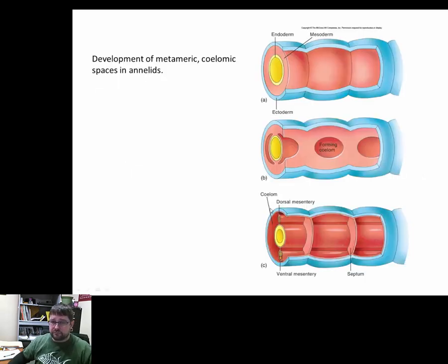Okay, so we're moving, and we talked about this before. We were talking about acoelomates, so we're talking about Acoelomorpha, Platyhelminthes, where they have this ectoderm, mesoderm, endoderm, no compartments, no columns formed.